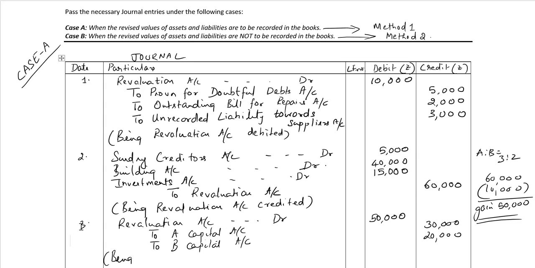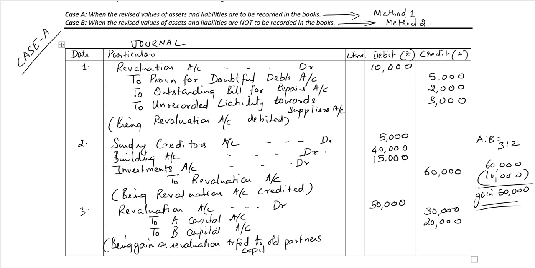Being gain on revaluation transferred to old partners' capital account in old profit sharing ratio.